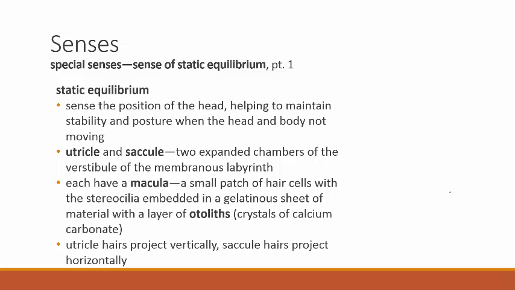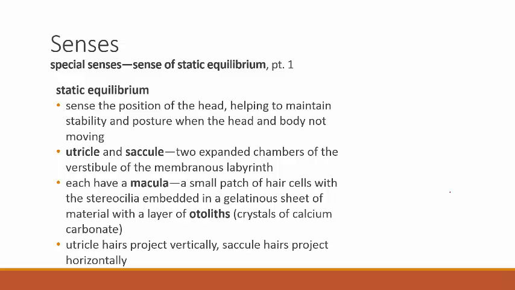So we receive static equilibrium information from two organs that are found in the inner ear. The organs are referred to as the utricle and the saccule. They are found inside the vestibule of the inner ear.